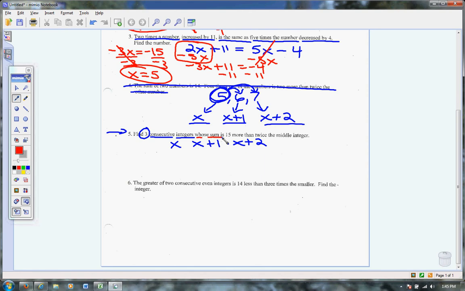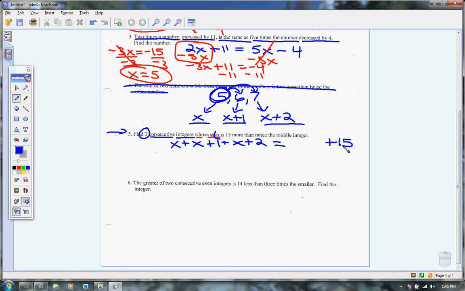Doesn't that mean add them together? So I'm going to add these integers together. They're actually expressions. It says find 3 consecutive integers whose sum is, there's my equal sign, and I think I covered up my number there. Isn't it 15? Yeah.